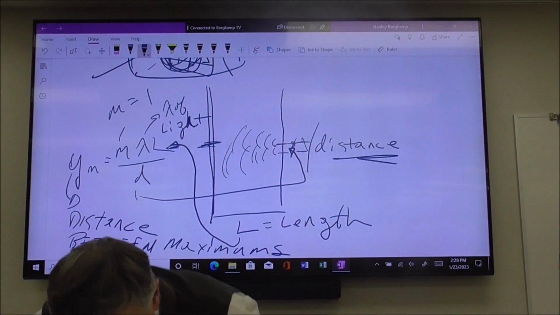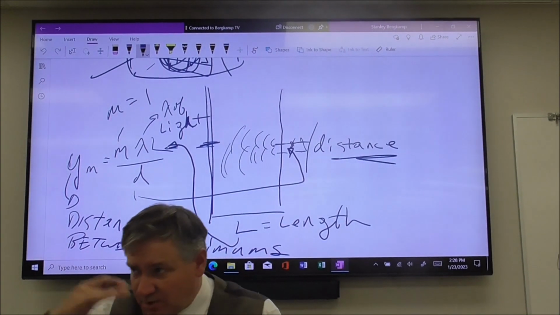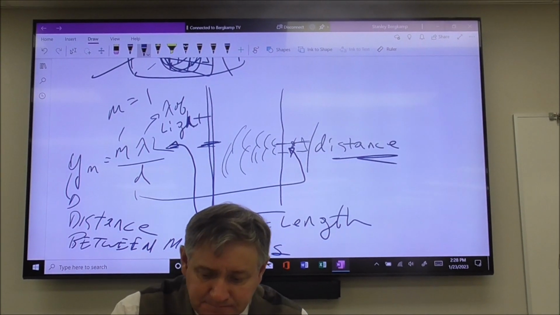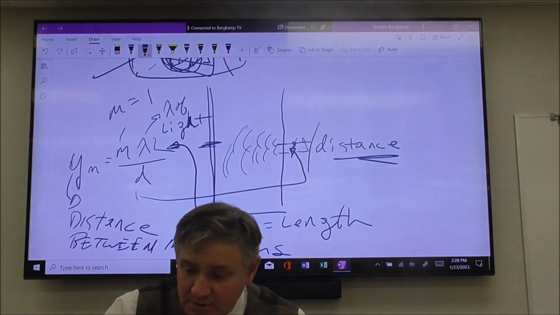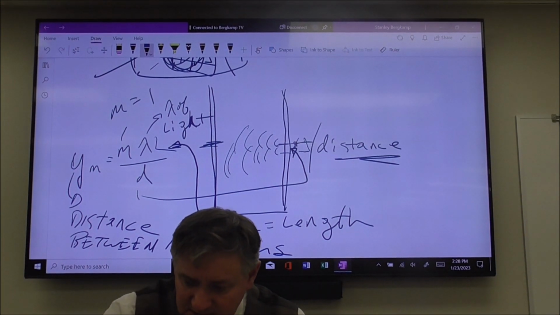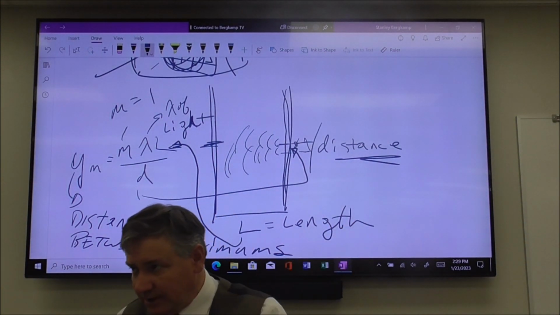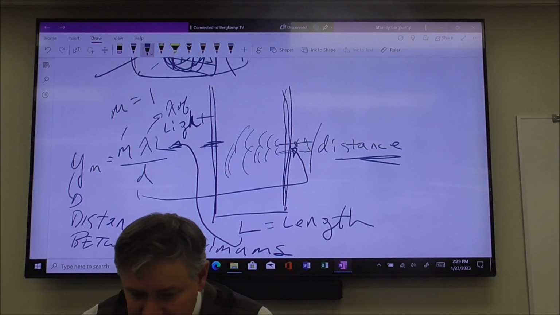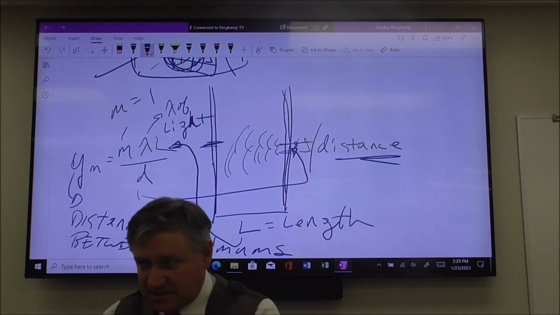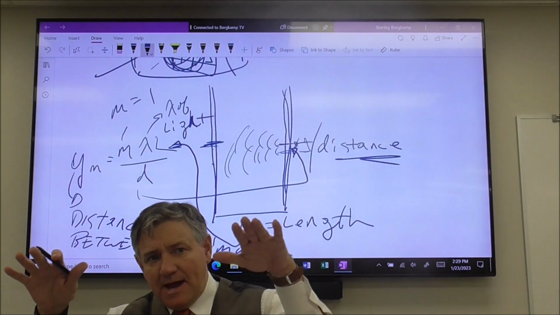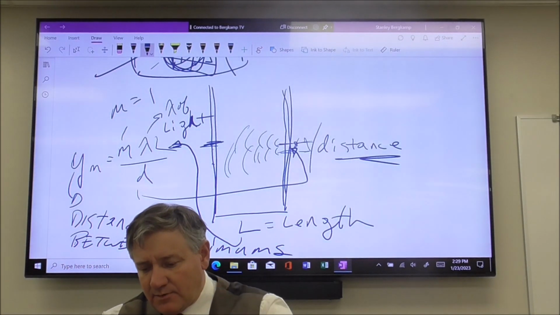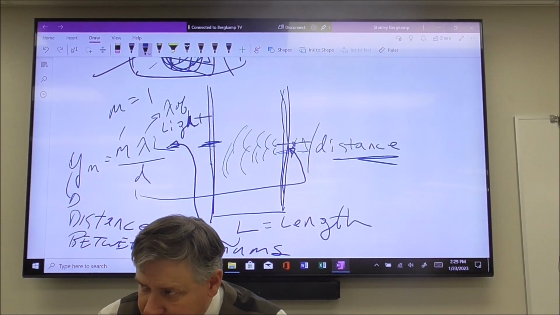So, let's look at this. This is where things kind of become a big idea. Let's say that you're going to do this experiment in air. Got the distance here, central maximum, all this good stuff. We're going to take that same apparatus and submerge it in water.